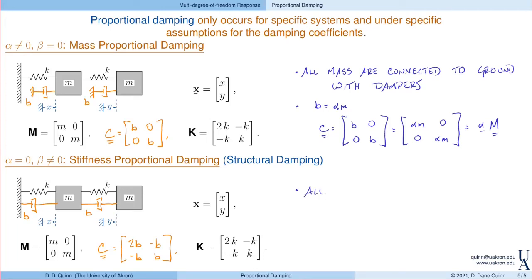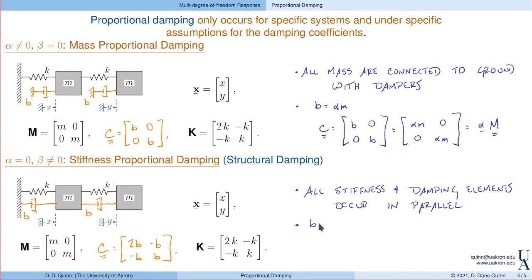So all stiffness and damping elements occur in parallel. And we have a constant ratio between the damping coefficient and the stiffness coefficient.